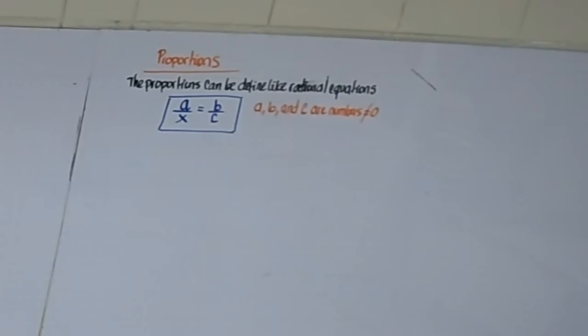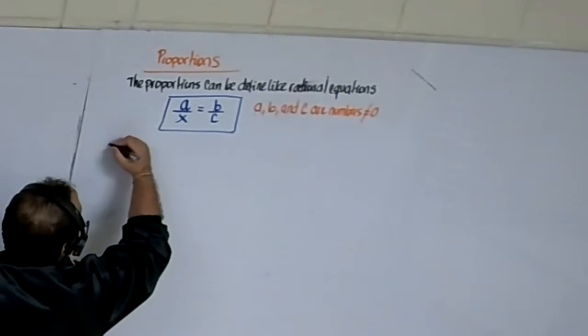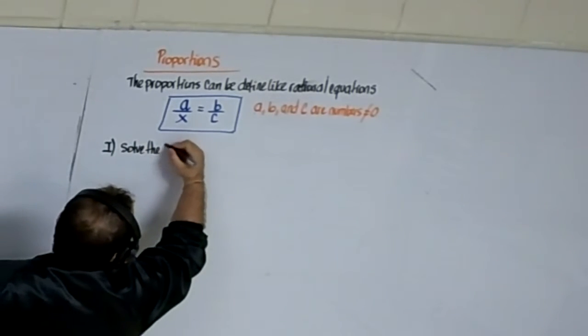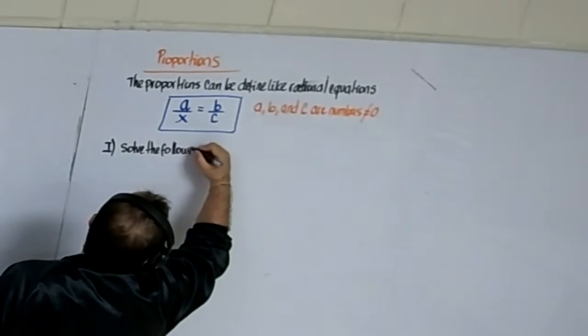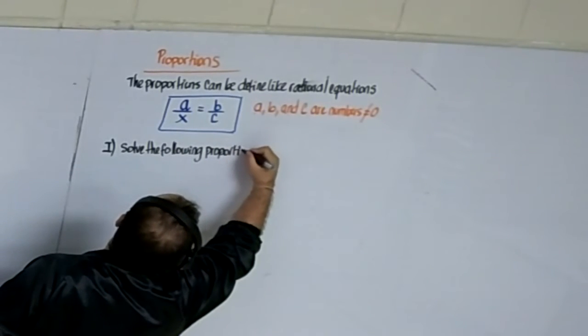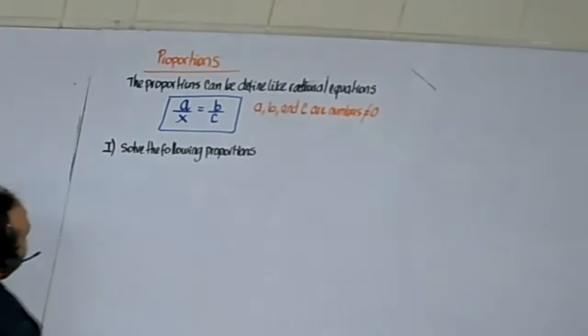For example, in example number 1, you're going to identify an easy way in this situation. Solve the following proportions. You're going to see, this is an easy way we can solve that situation.